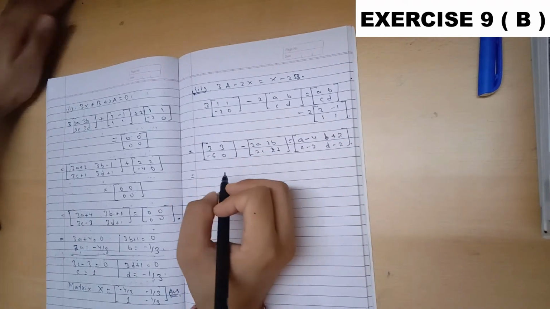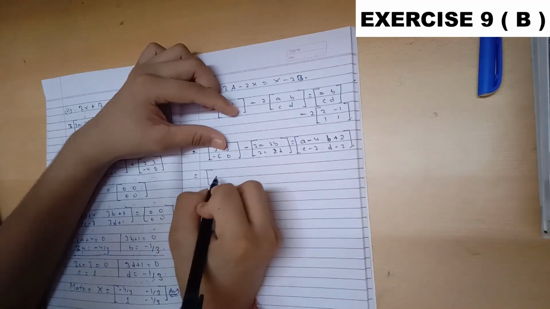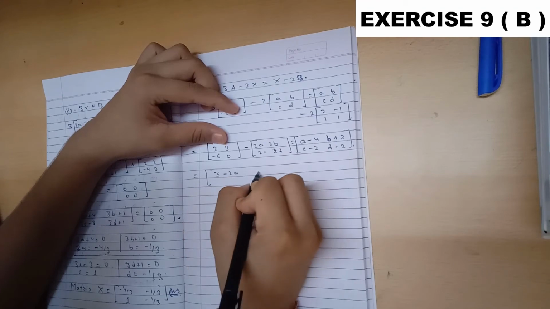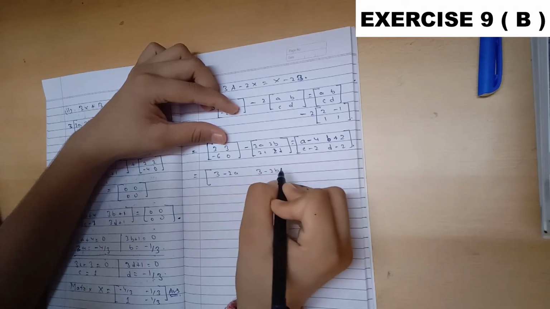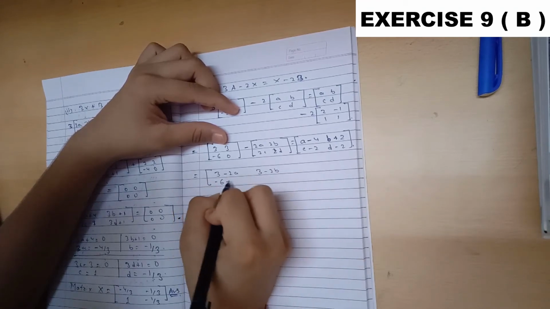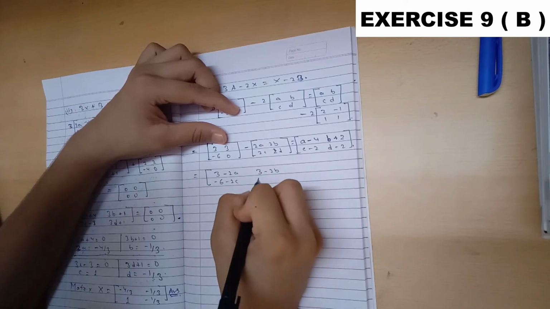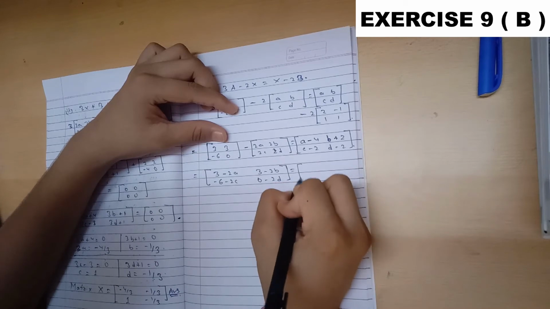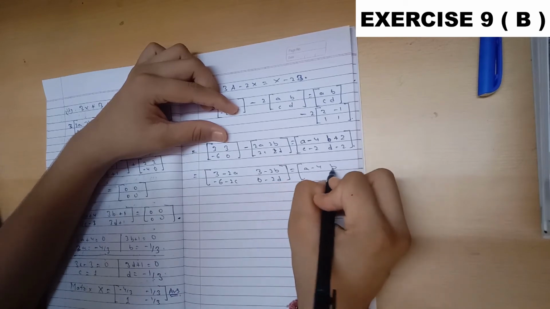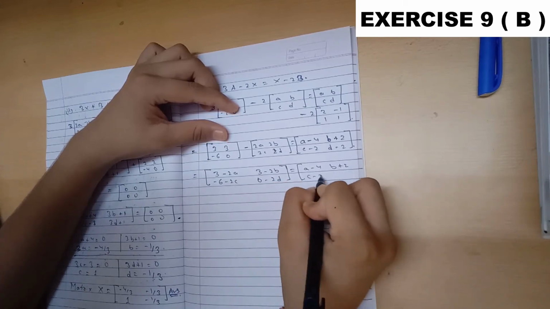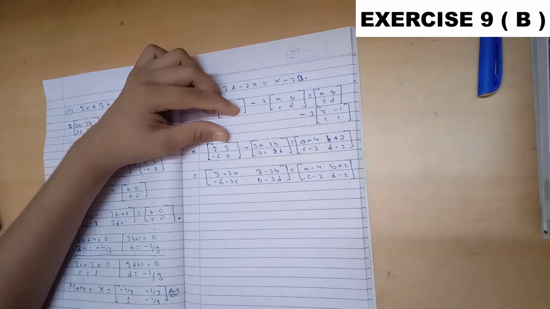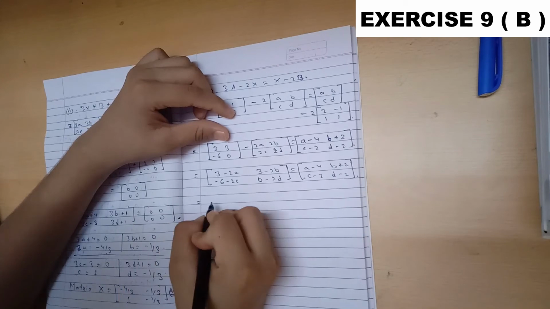Now this is 3 minus 2a, this is 3 minus 2b, this is minus 6 minus 2c, this is 0 minus 2d. And this is equal to nothing but A minus 4, B plus 2, C minus 2 and D minus 2. Okay, so let's begin with the first one.